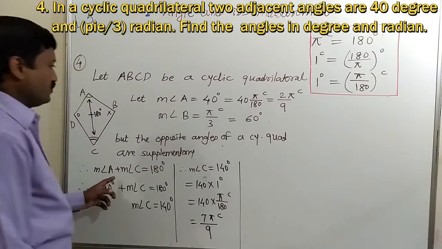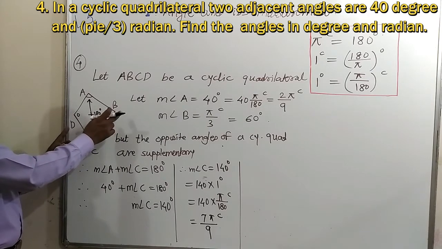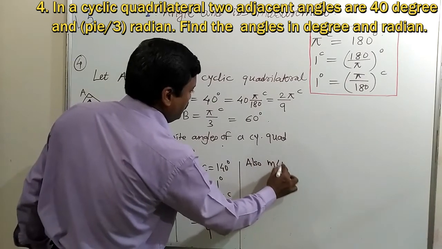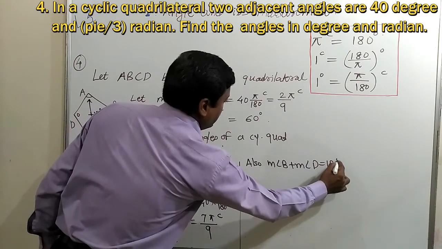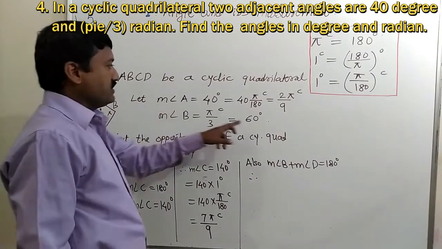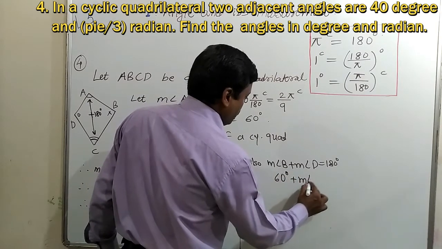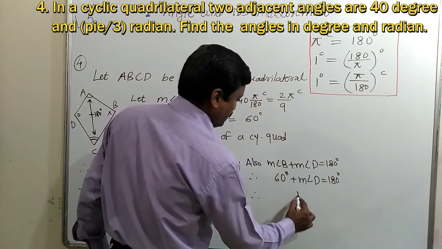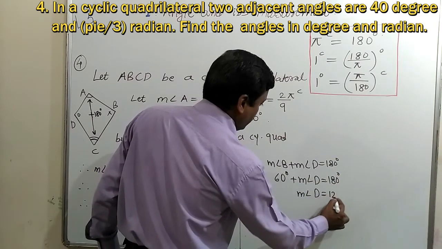Now let us move towards the second property, that these two angles, opposite angles B and D, are also supplementary. So also measure of angle B plus measure of angle D is equal to 180 degree. Therefore, this measure of angle B, we have calculated, is equal to 60 degree. So this is 60 degree plus measure of angle D is equal to 180 degree. Therefore, measure of angle D is equal to 180 minus 60, that is 120.